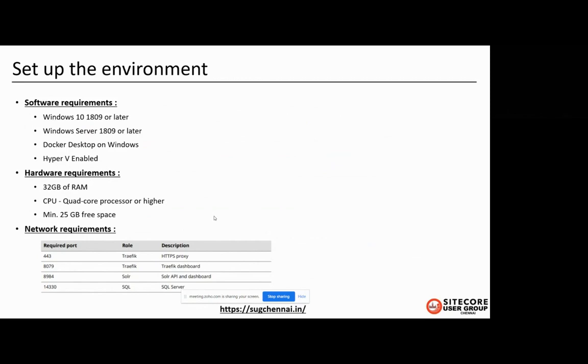All these ports should be free. Suppose you are already running a Sitecore instance on your virtual machine; then these ports might already be in use, and the container won't run. So before running a container, you can stop IIS, then the ports will be freed and you can run the container without any issue.